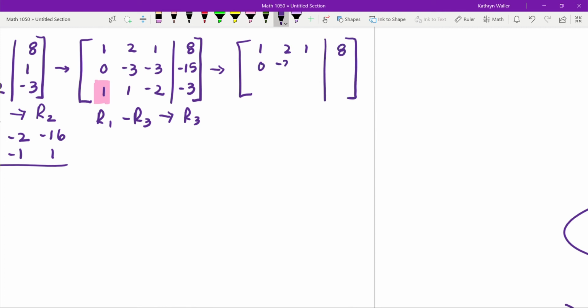Row 2 doesn't change. Row 1 minus row 3: 1 minus 1, 0. 2 minus 1, 1. 1 minus a negative 2, that's 1 plus 2, which is 3. 8 minus a negative 3, that's 8 plus 3, which is an 11. Now the last thing I need to do is to make that guy a 0.